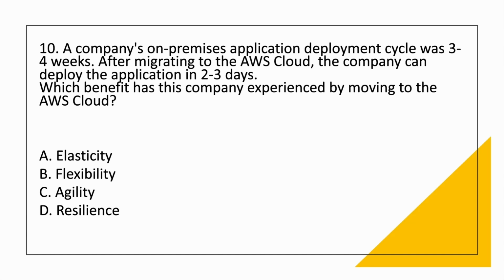So let's see, elasticity. Elasticity is the ability to cope with changing demands. Here they are not talking about changing demands. Okay, flexibility. So what is flexibility? Flexibility enables you to select any operating system, any programming language. So you don't have a load on what type of software you need to select.